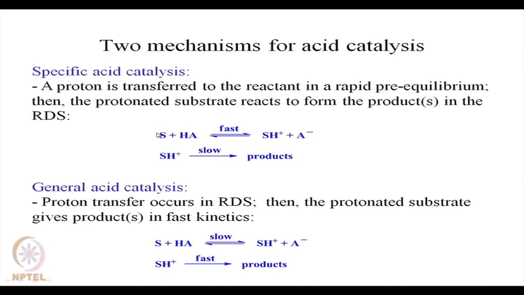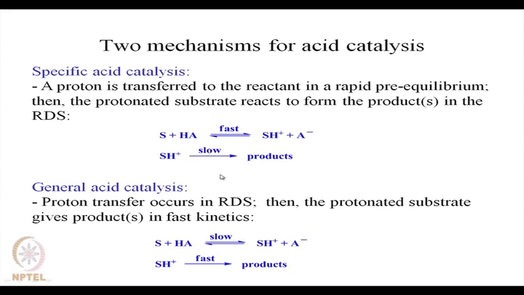This is your substrate or reactant S and HA. The proton is transferred from HA to S, producing SH+. This is a fast equilibrium. Once SH+ is formed, it slowly gives rise to products. So there is a fast equilibrium, then slow product formation, and this is the rate determining step.